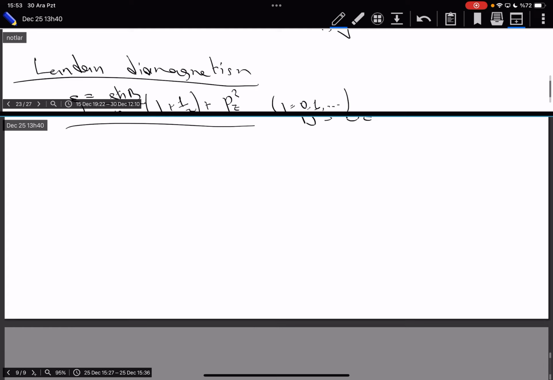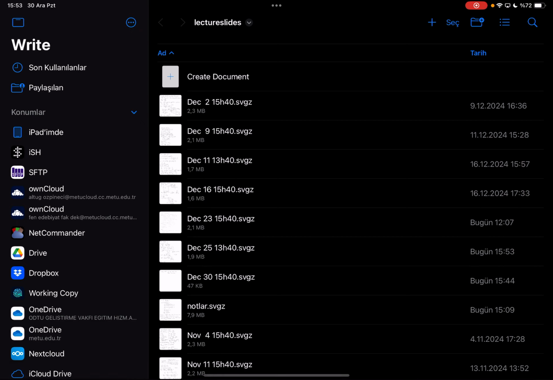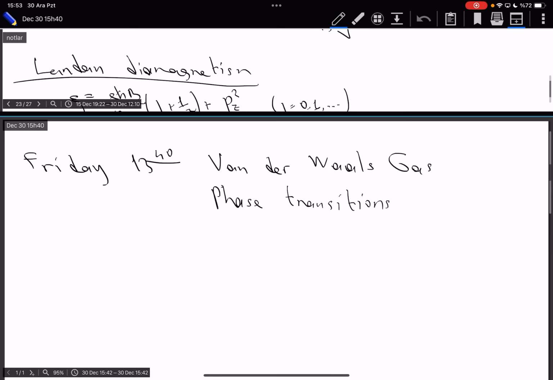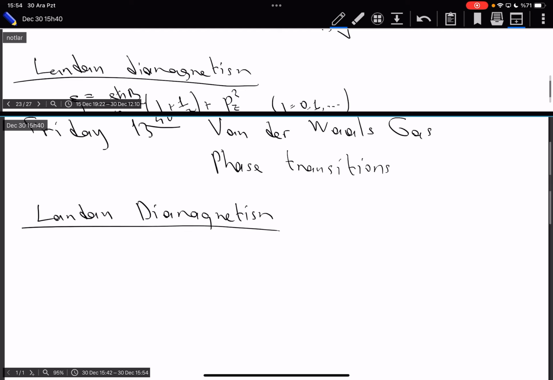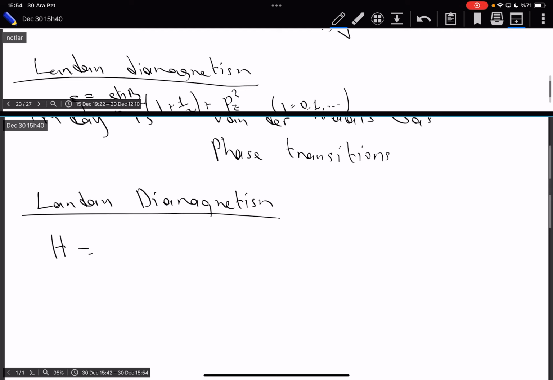So let's study that problem now. That is what I would like to study, at least this hour. The Hamiltonian we have is (p minus (e/c)A) squared.